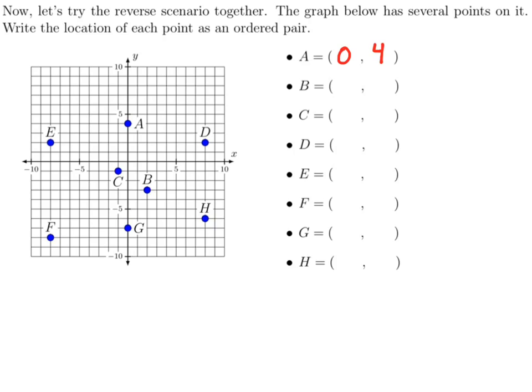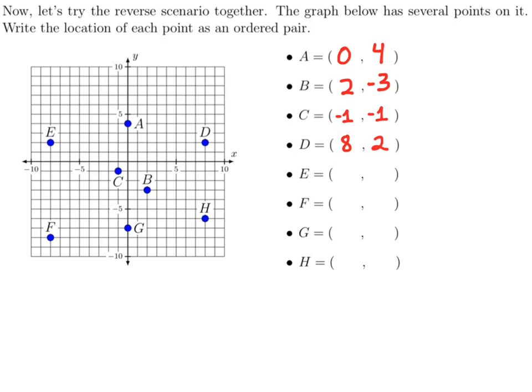Point B is, again, starting from that origin middle point, right 2, and then down 3. So it's 2, -3. Point C, as always, starting from that middle origin point, is left 1 and down 1. So it's at -1, -1. Point D is right 8 and up 2 from that origin point.